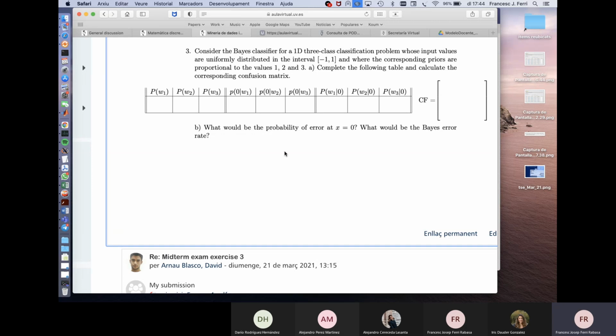This capital P of, we have three classes, W1, W2, W3. Could you tell me, please, what these quantities are? Priors. And this?